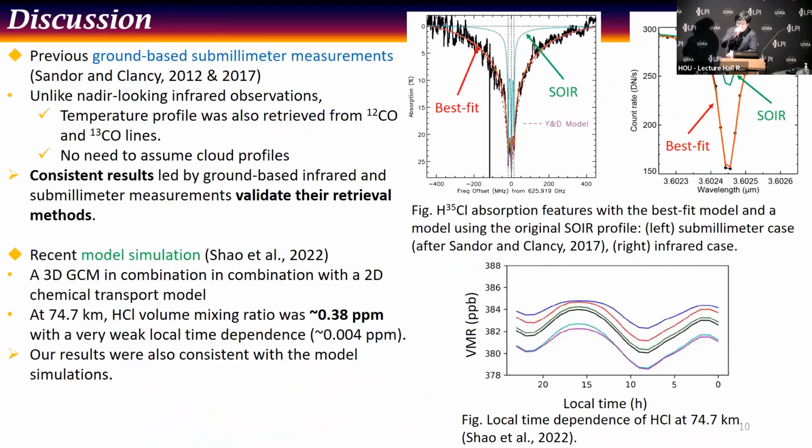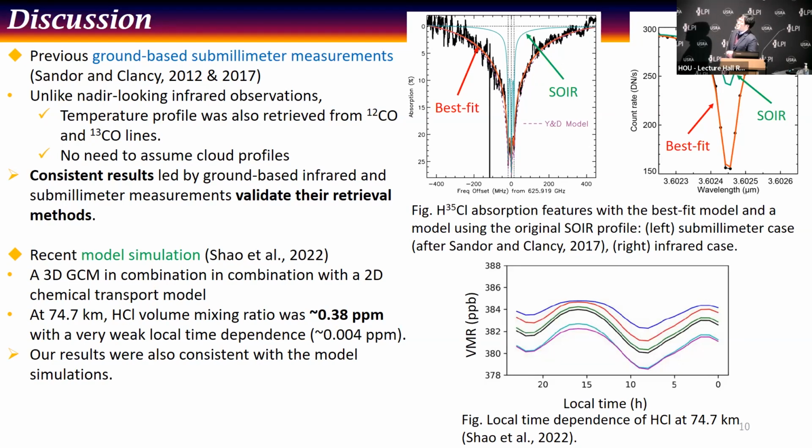Okay. So Sato and Clancy conducted the ground-based submillimeter measurements. In the case of nadir-looking infrared observations, we need to assume the temperature profile as a priori information. But in the case of nadir-looking submillimeter observations, the temperature profile can be retrieved from carbon monoxide lines. Sato and Clancy retrieved the temperature profile from CO lines, and they used these results for retrieving the HCl abundance.